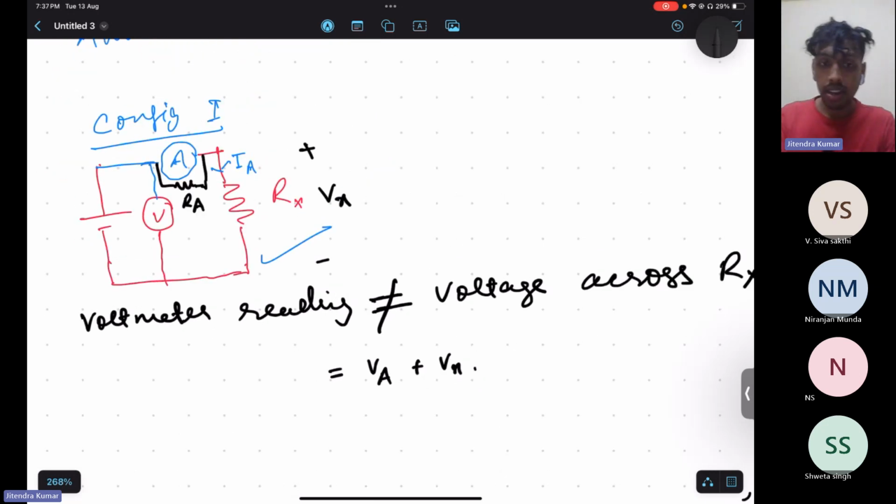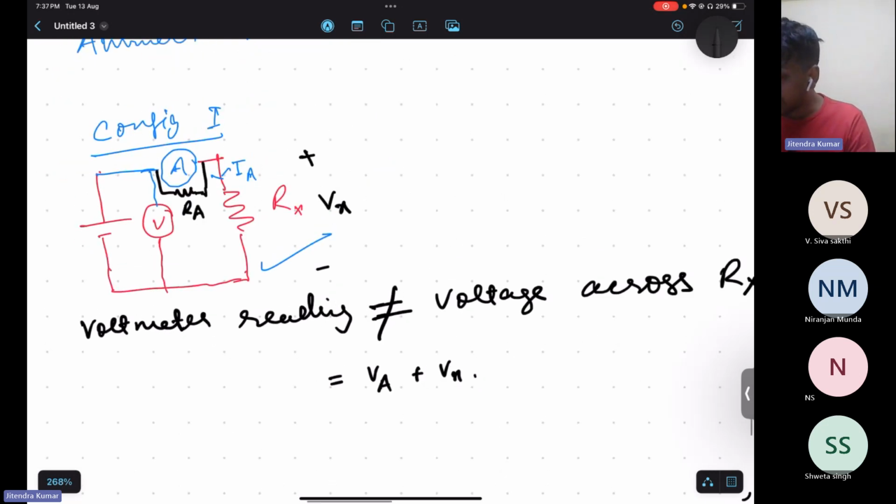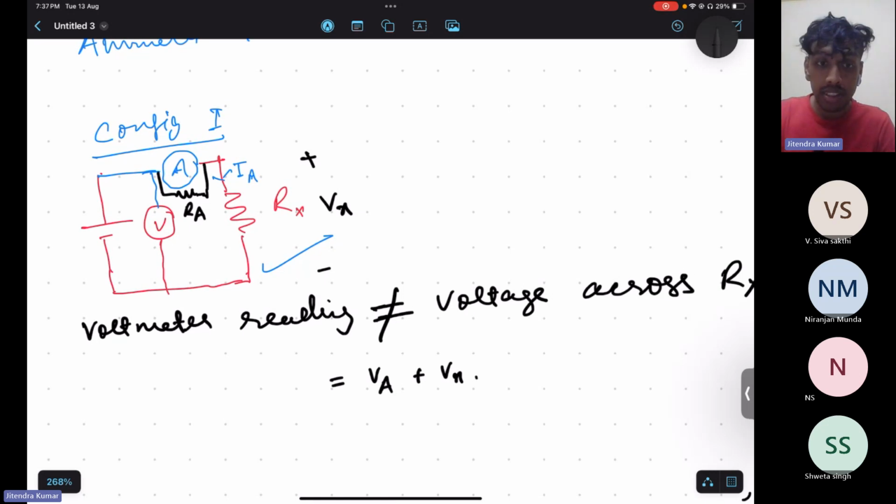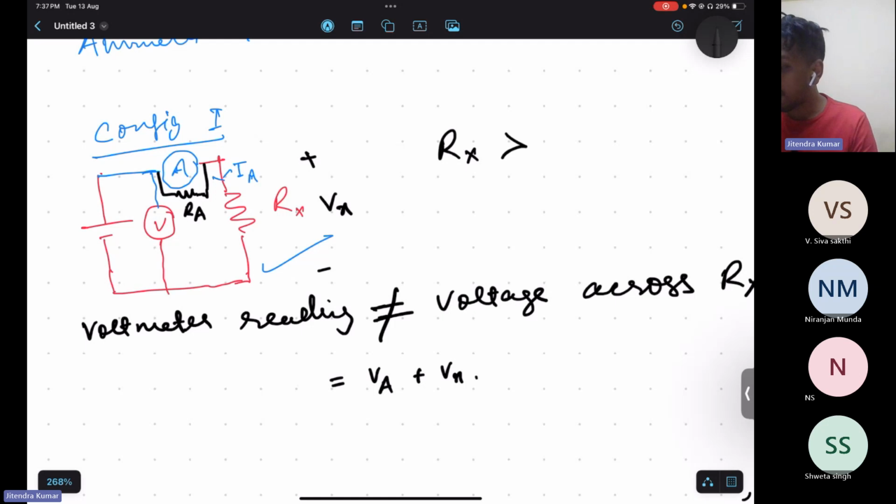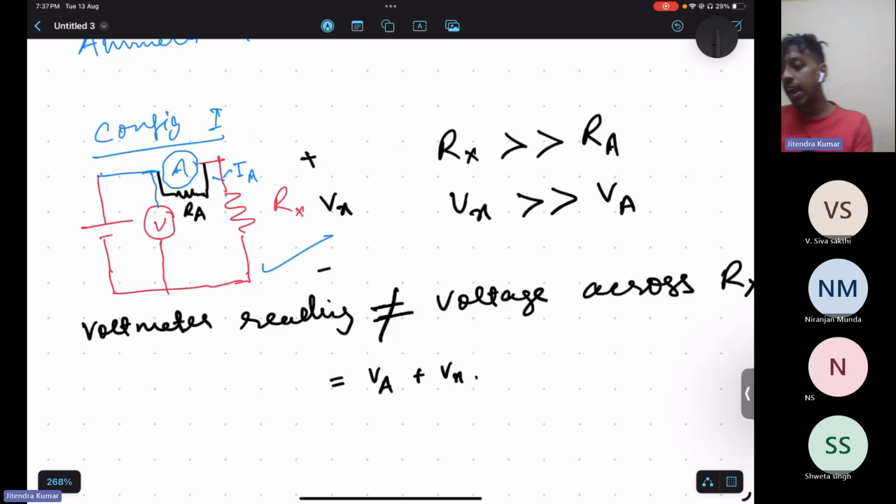And in this configuration, it is desirable to have Rx much higher than Ra, so that Vx is much higher than Va. So the drop across the ammeter should not impact the reading of our ohm meter. So the error should be minimized.